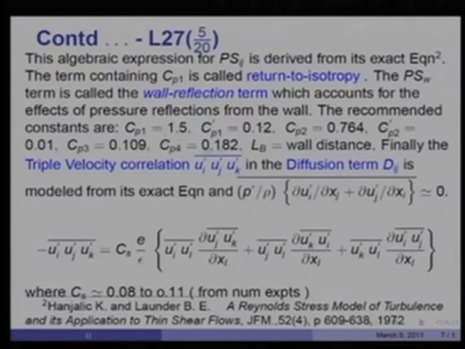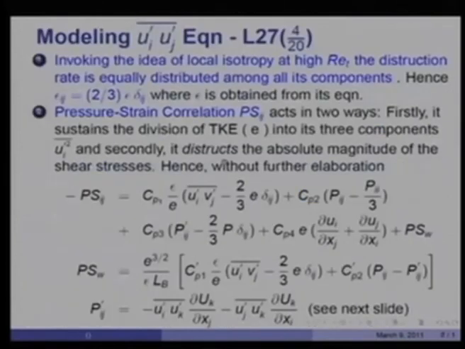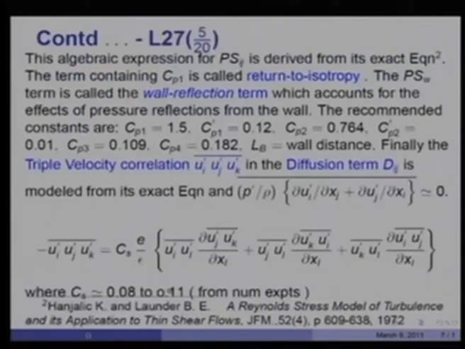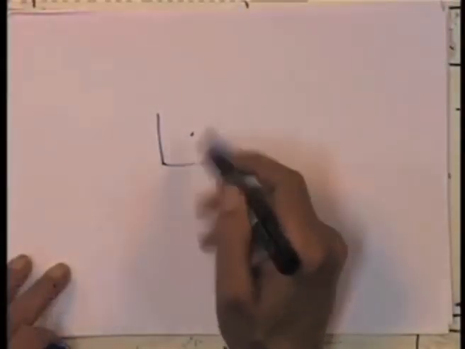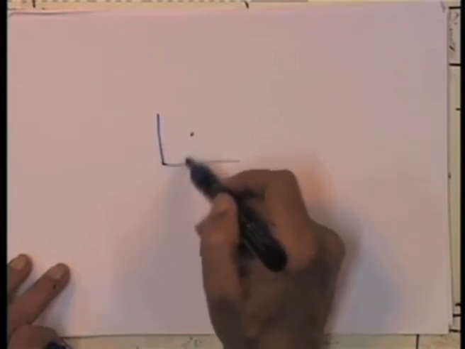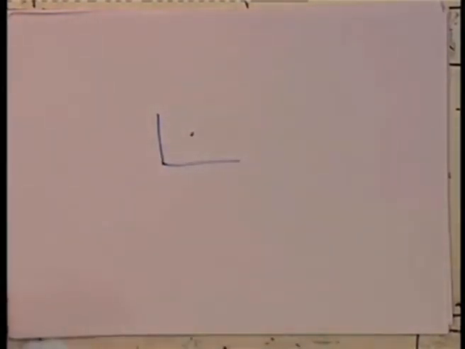The recommended constants are Cp1 equal to 1.5, Cp1 dash equal to 0.12, Cp2, all these constants were either derived from experimental data or tuned by numerical experiments. The appearance of LB here is really the distance from the wall. And if you had a situation where there are, say, more than 2 walls present, then one would take the minimum of the 2 walls to take care of L b.